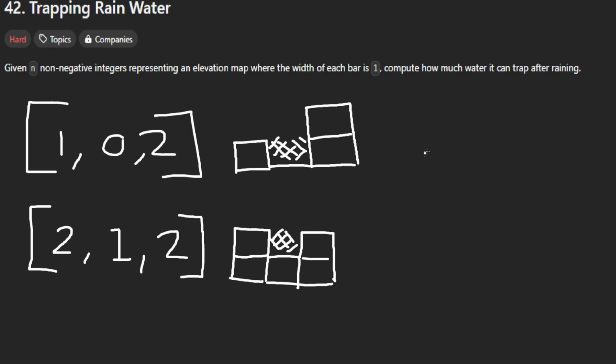We would have one left array, which will hold our maximum height, so the maximum height of our blocks here, from left to I, and then we want the same, but now for the right side, which would then store from right to I, right? And that way then we can compare the heights and then use some very basic maths to calculate the trapped water. And then we can return our result.